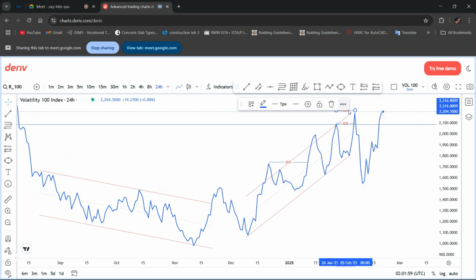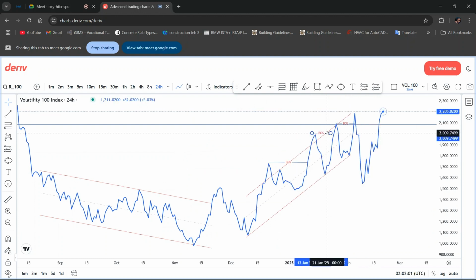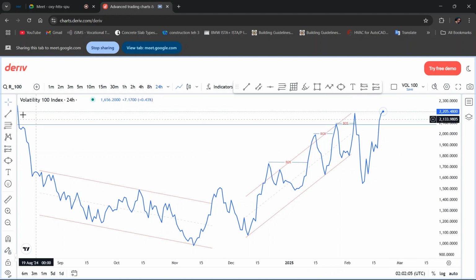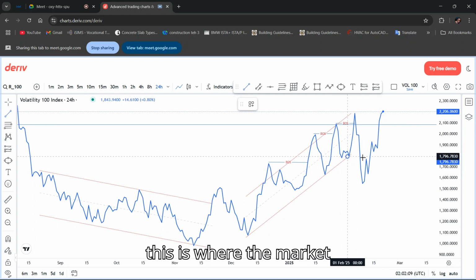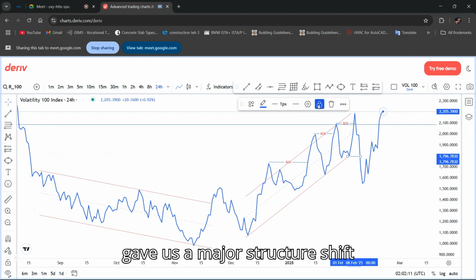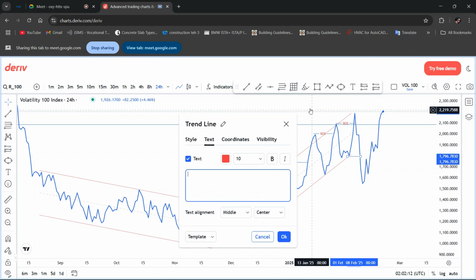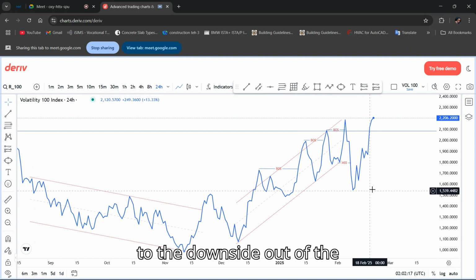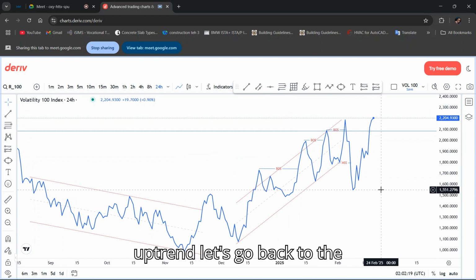Another break of structure there. And this is where the market gave us a major structure shift to the downside, out of the uptrend.